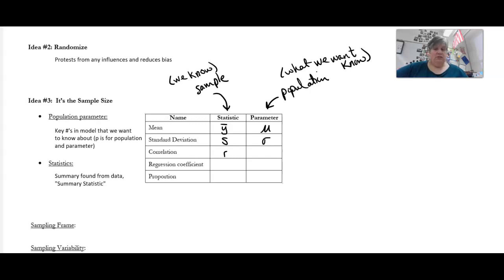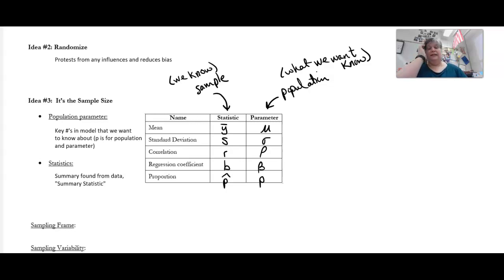Correlation is r, but the parameter correlation is rho. Regression coefficient, that's your slope, that's b, and for the parameter, it's beta. And then proportion is p hat, and for the parameter, it's also p.